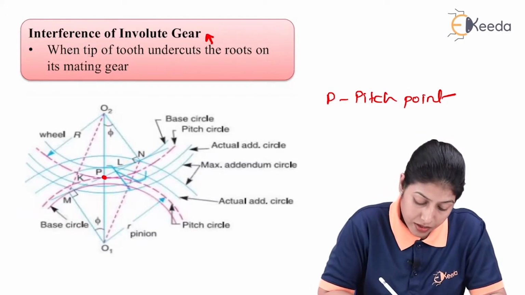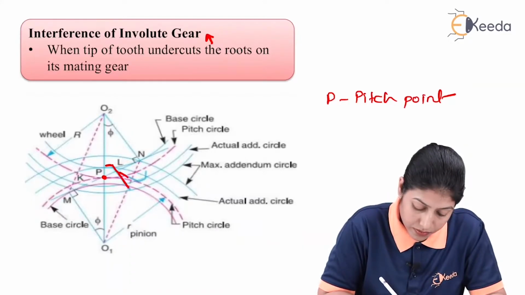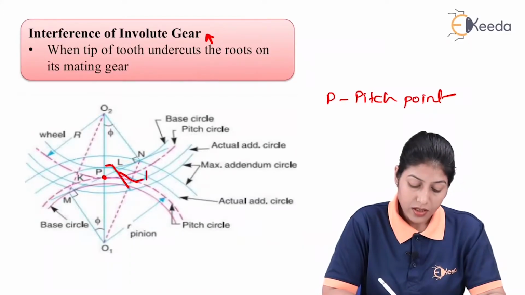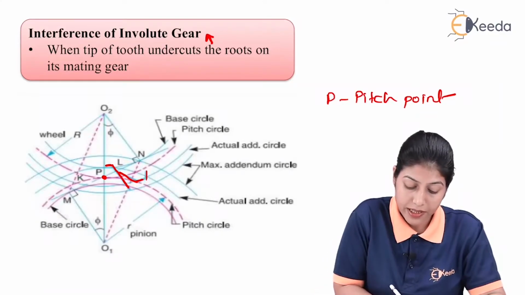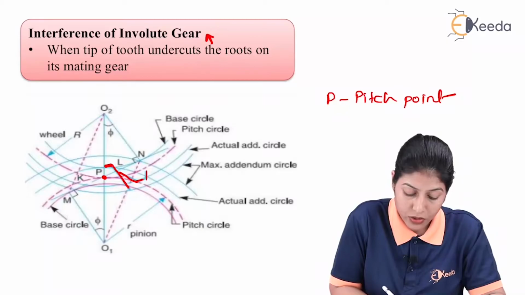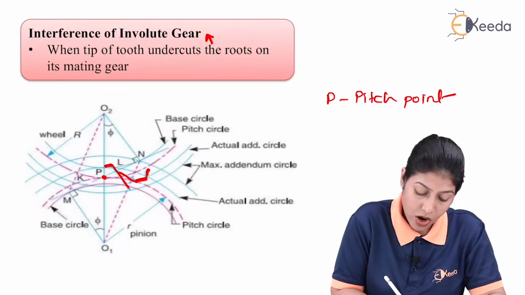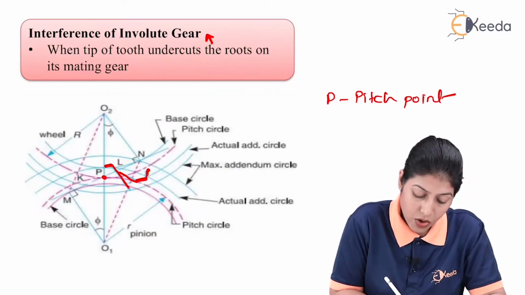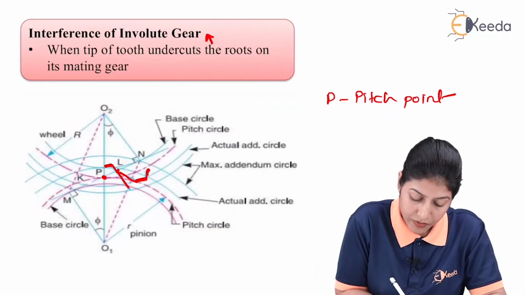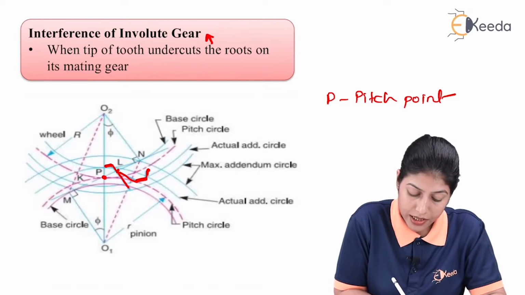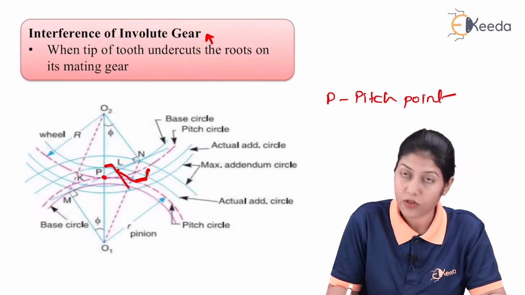Now this profile represents the profile of the teeth of two gears. This particular tooth is the tooth of the pinion and this particular tooth is the tooth of the wheel. We can consider a contact point on the profile of the pinion or on the profile of the wheel.